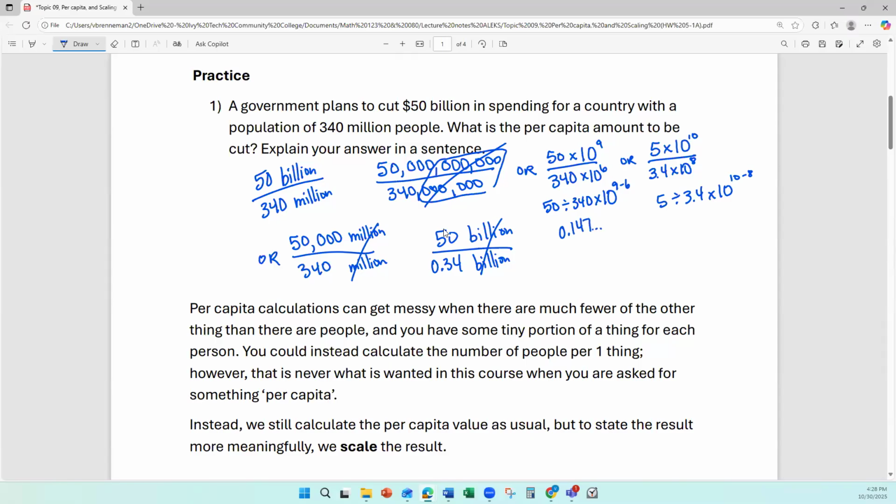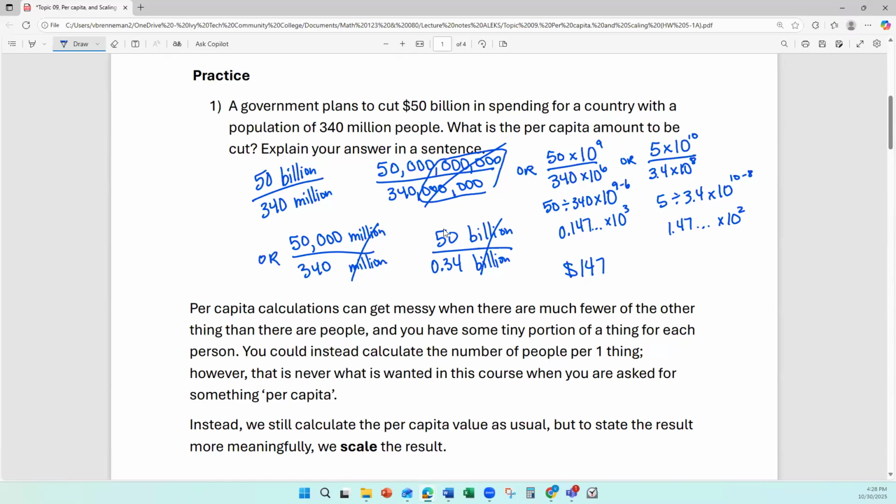Goes on a while. The third, 5 divided by 3.4, is going to be similar, but it's 1.47. So just decimal point moved over 1, times 10 squared. However you approach that calculation, you should end up with 147.